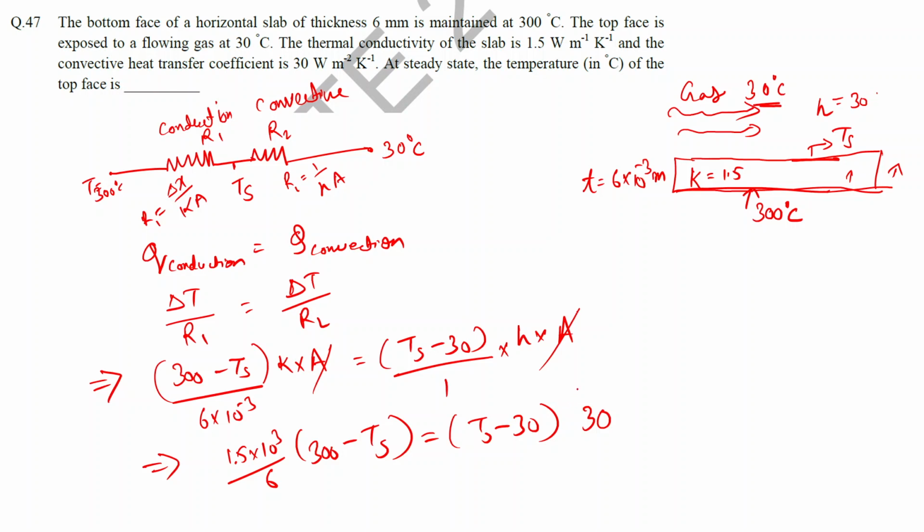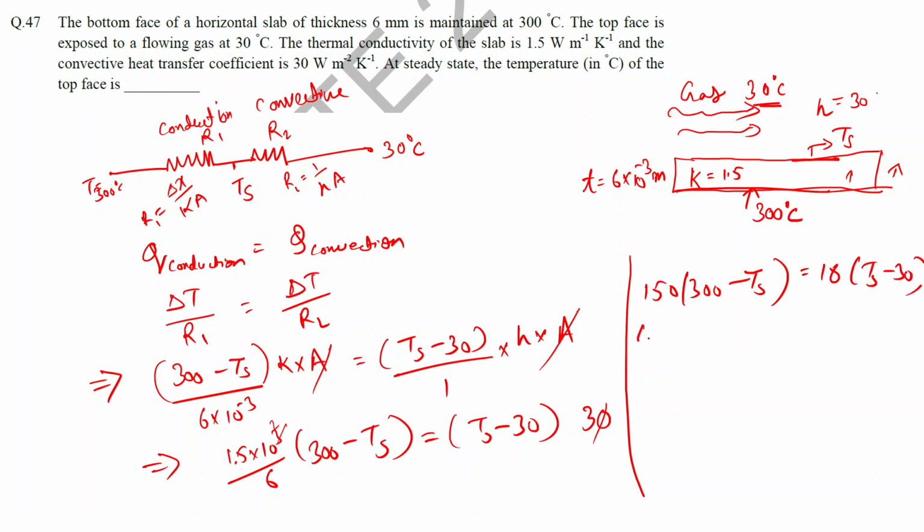So this we can simplify as, this will get cancelled out, and we will be having 150 into 300 minus Ts is equal to 6 is 18 into Ts minus 30.